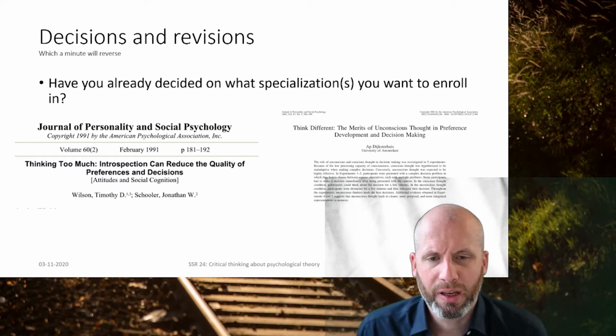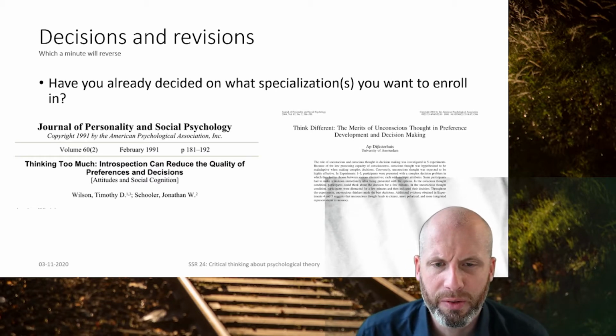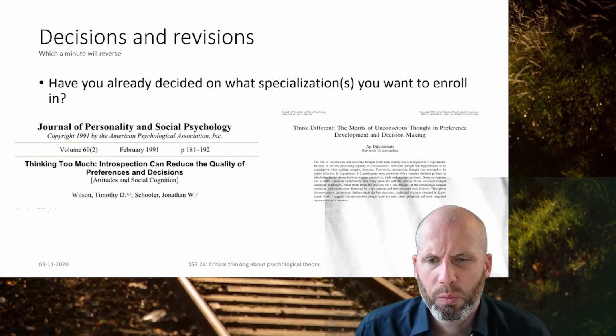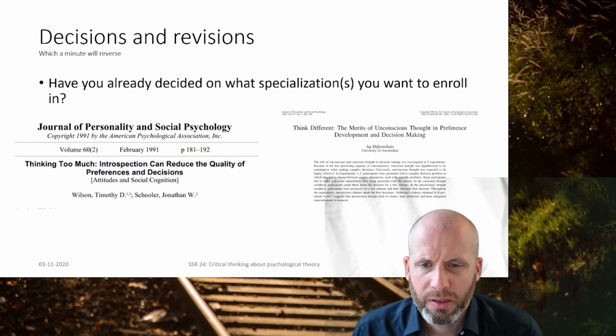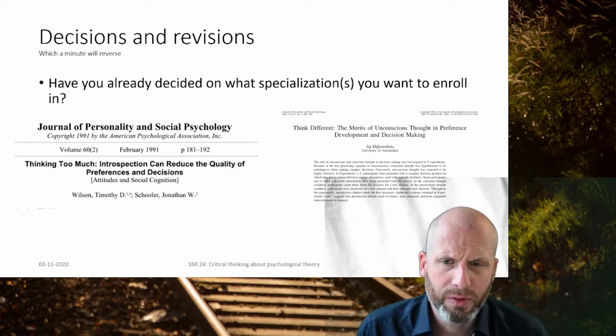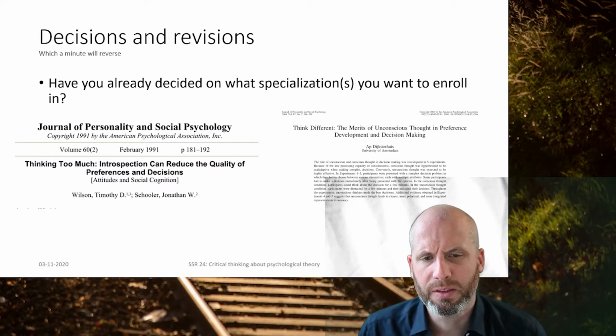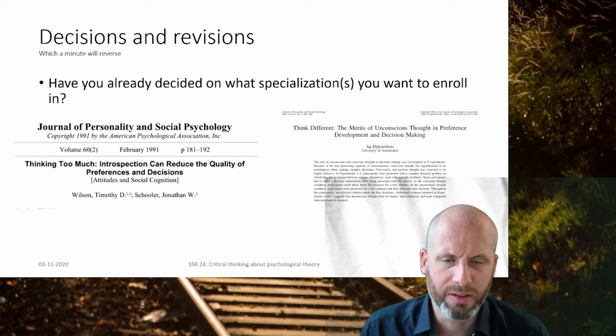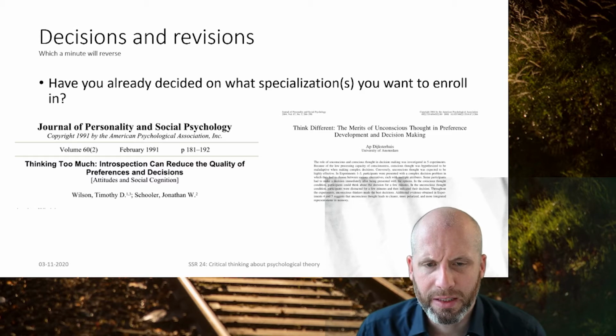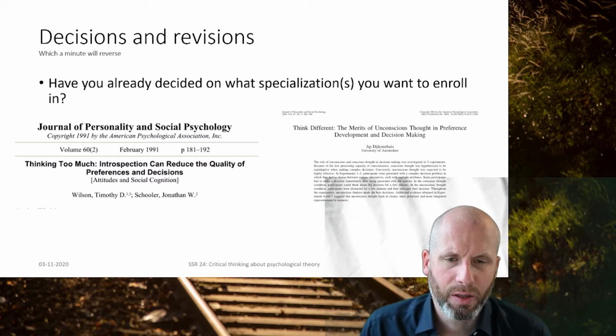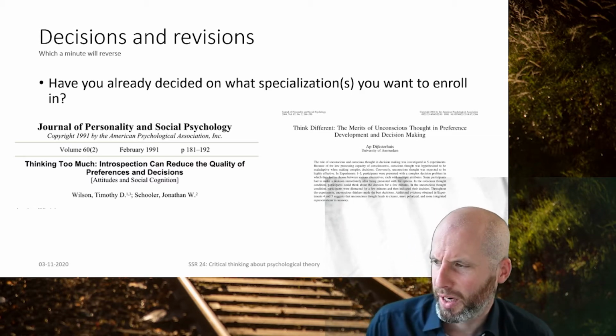So you could formalize or be more specific about why that should work, right? Not think too hard about your decision. One explanation is that introspection leads to the deterioration of choice quality. Because you're overly focused on some aspects of the decision, you decide on whatever comes to mind, and that's in the end not perhaps the best reflection of what you actually prefer.